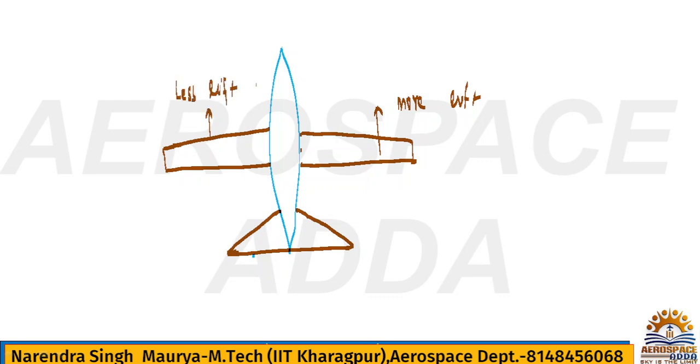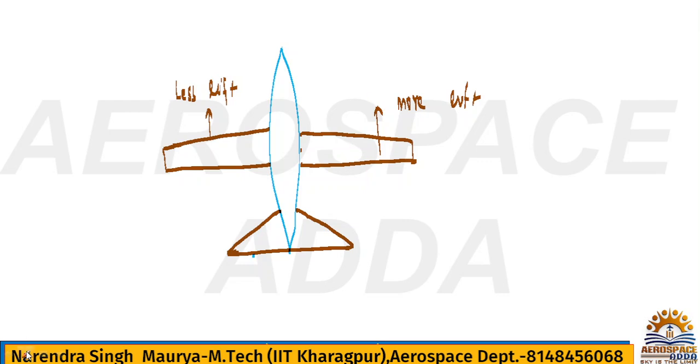So obviously, if it is having more lift, or in terms of drag also you can consider, here the drag is more and here the drag is less. Then what will this plane try to do?